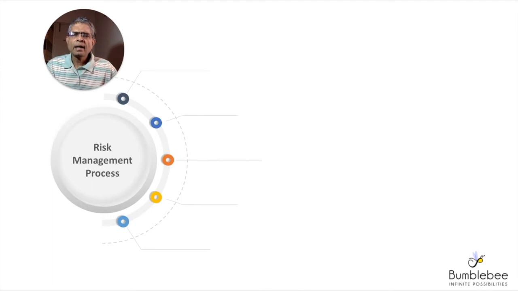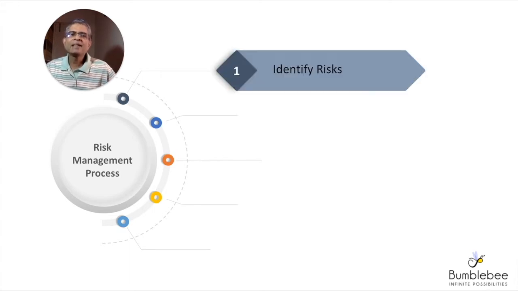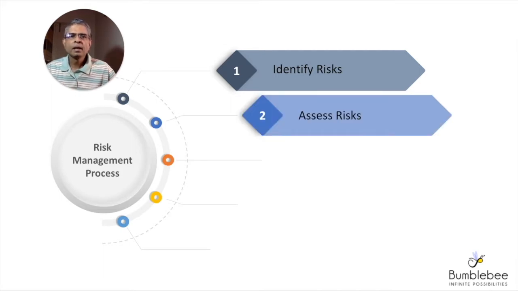Let's have a look at the risk management process in a software project. What are the steps involved in managing risk? The first is identifying risks. The second, how do we assess or evaluate these risks?